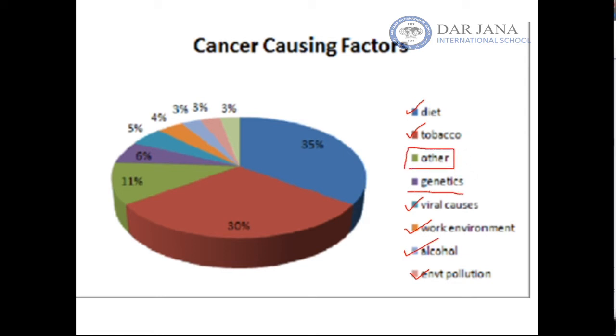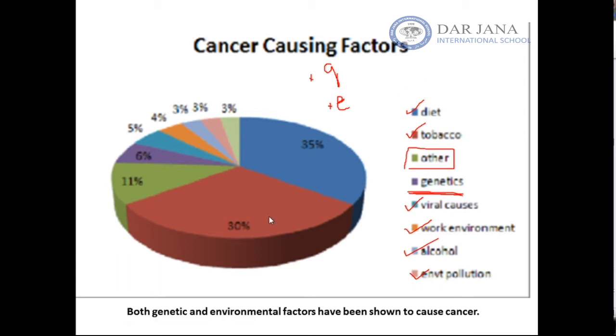And we can see here that genetics or genes can also lead to cancer. So we can say here that it has genetic causes and environmental causes. Both genetic and environmental factors have been shown to cause cancer.